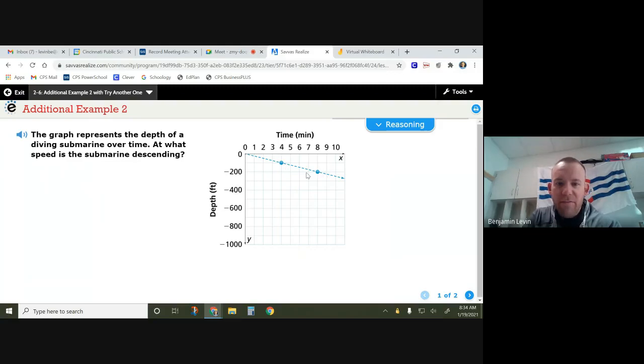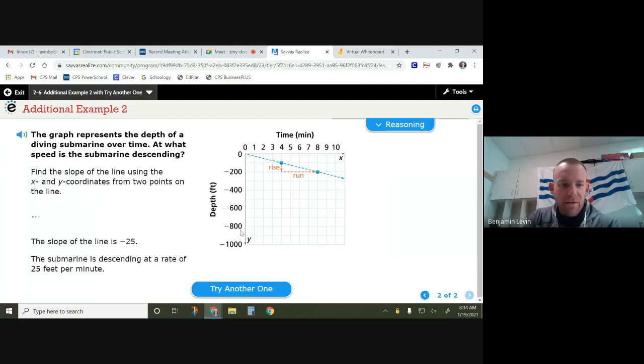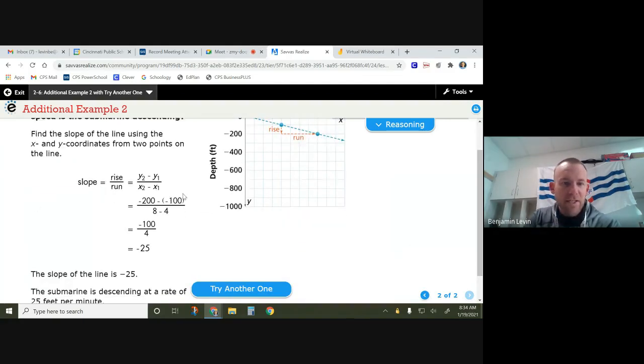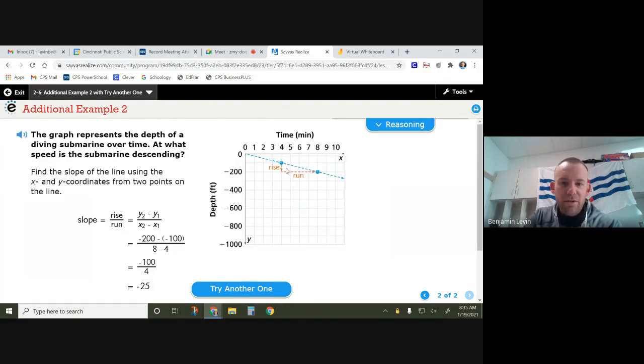Negative 25 feet per second is the unit rate. It goes down 100 feet in 4 seconds, so that means it's 25 feet in 1 second. And they'll show that here, right? This is what they did. They used y2 minus y1. I used the graphical method.